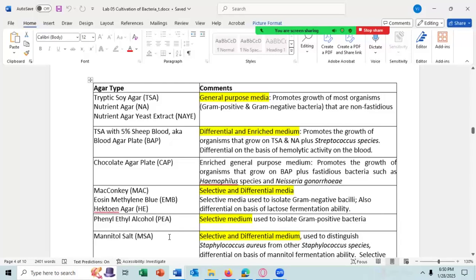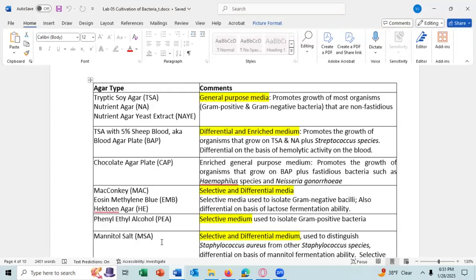And then we have mannitol salt agar, which is both selective and a differential media. It is selective because it has 7% sodium chloride in it, and only organisms which like salt can grow on this plate. Most bacteria will not grow above 2% sodium chloride, and this plate has 7% sodium chloride.